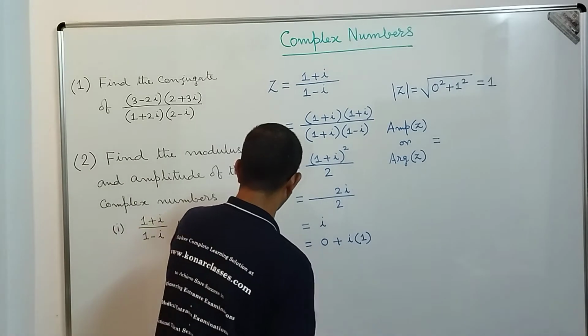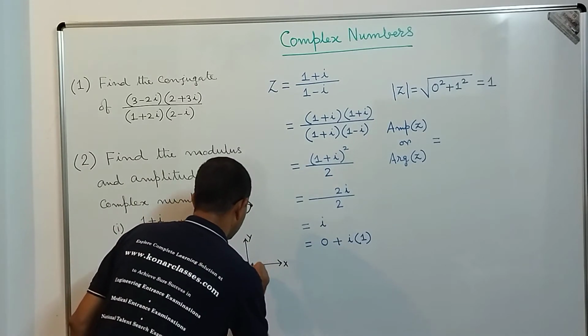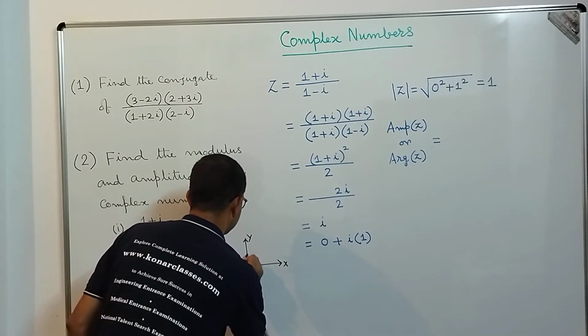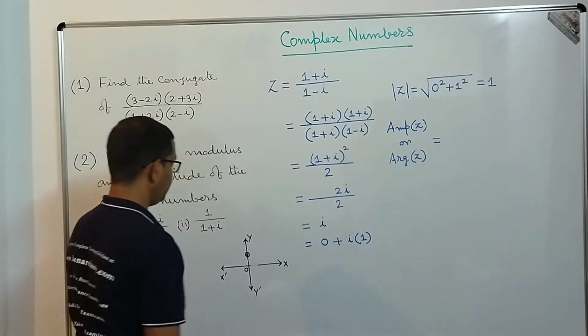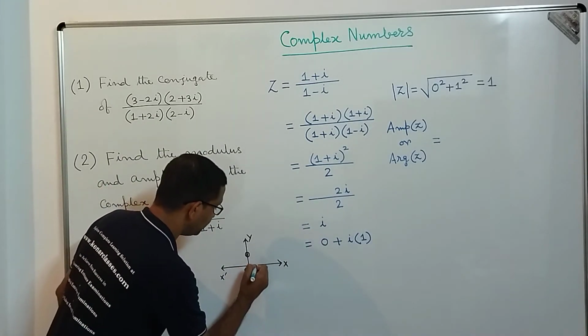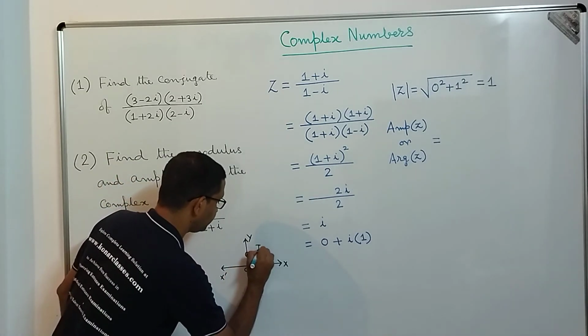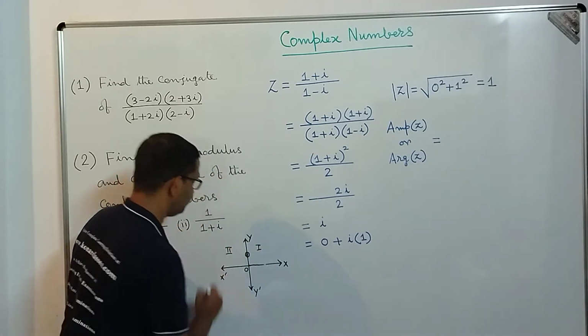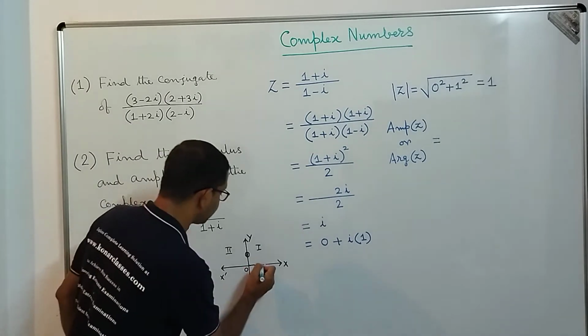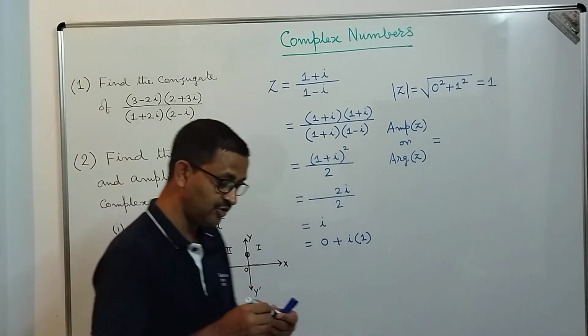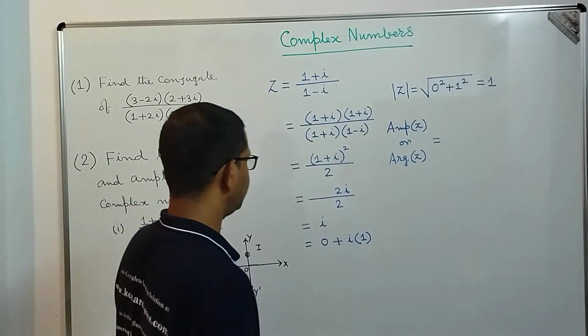What is the point? (0, 1) will be a point somewhere here, right? Now this point we can consider either in the first quadrant or in the second quadrant. Both will give the same result, but we should study both.